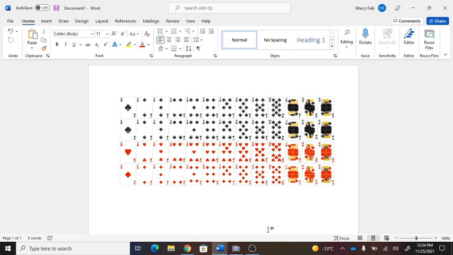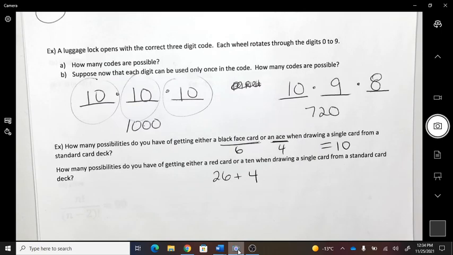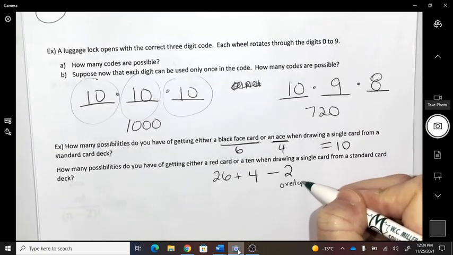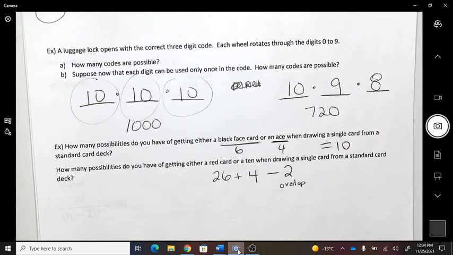You can't count them twice. Red cards, we would have counted those 2 10s, right? And then you counted these 10s again. So you have to get rid of the ones that you counted twice.